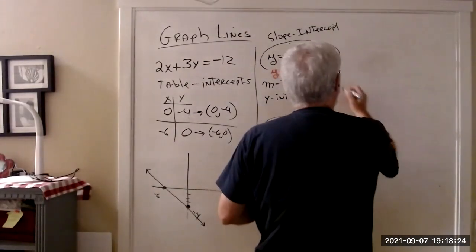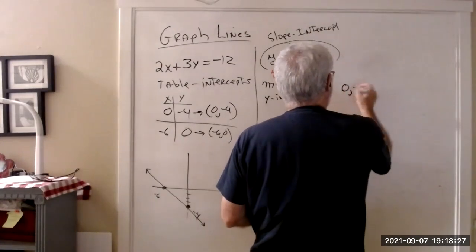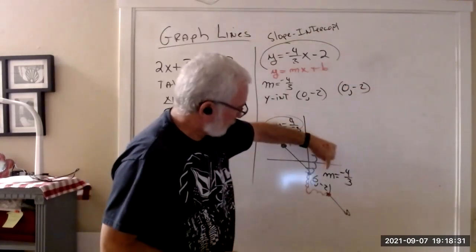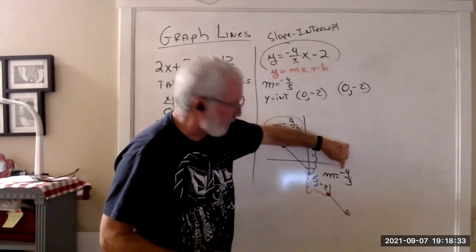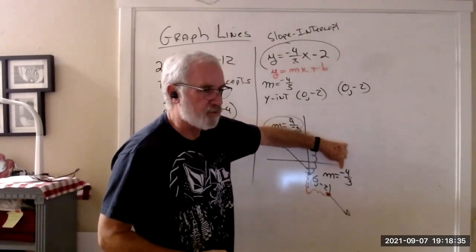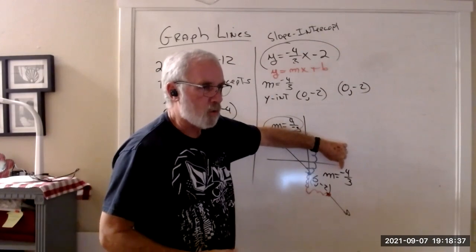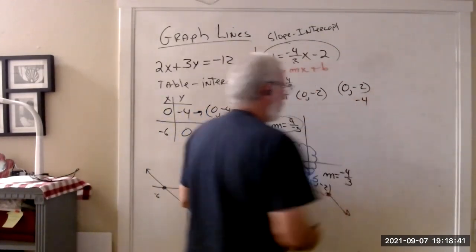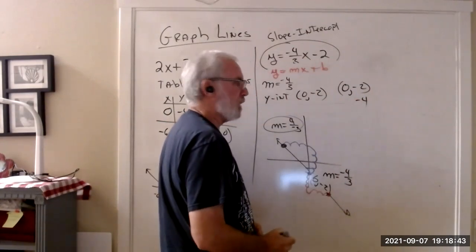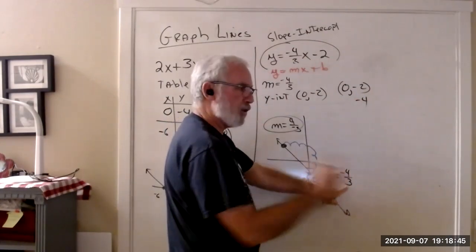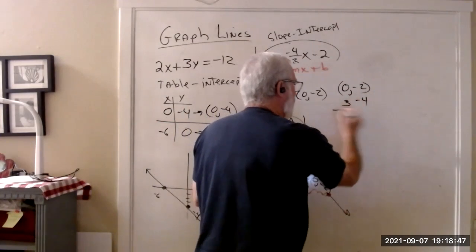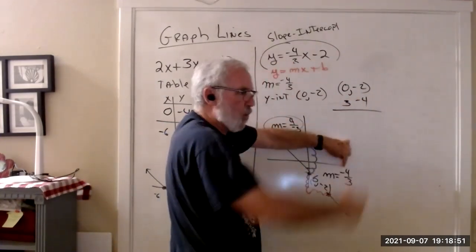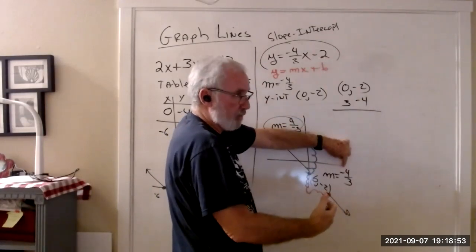So if we start at (0, -2), but use this slope, this says we rise -4. Rising changes the y value. We run 3, which changes the x value. Rise and wise, they rhyme.